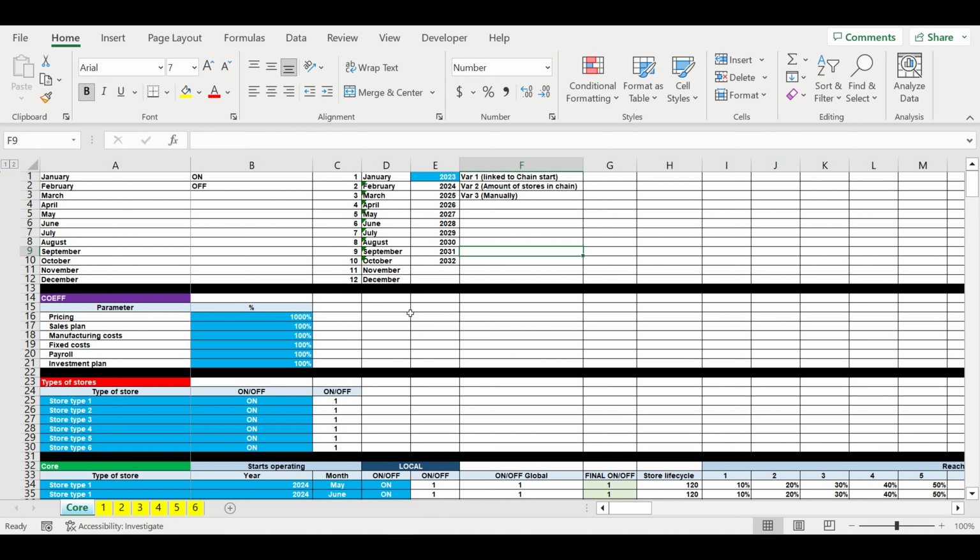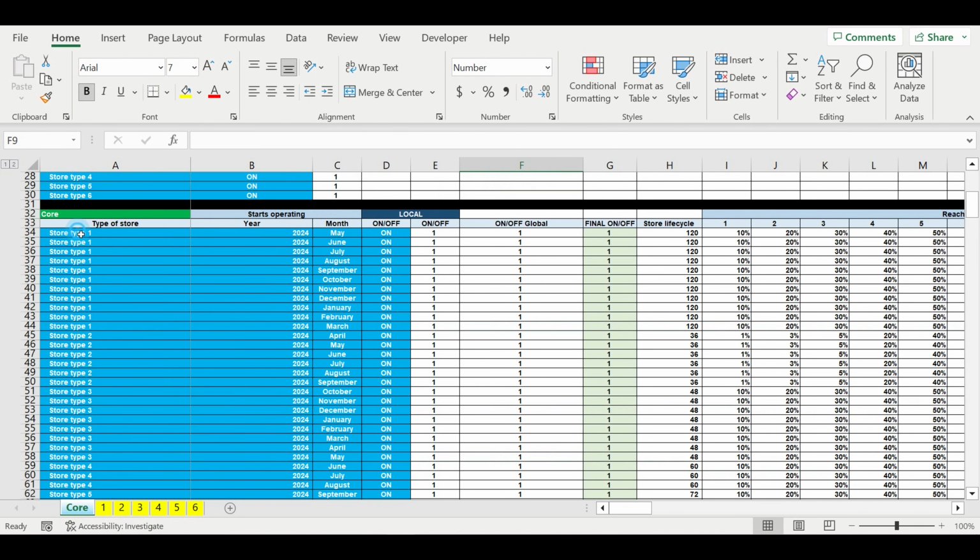Let's first of all quickly run through what we did during our previous tutorials. In our model we have six types of stores, for example small, medium, big store, or a store that performs not very well and generates losses. In the core we have a chain of 40 stores.